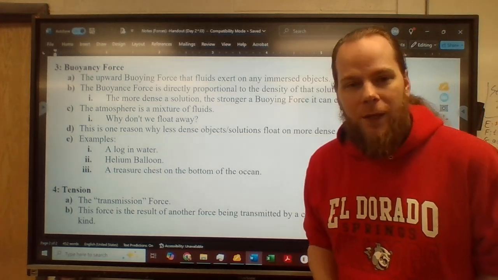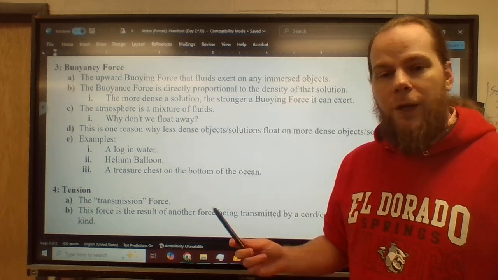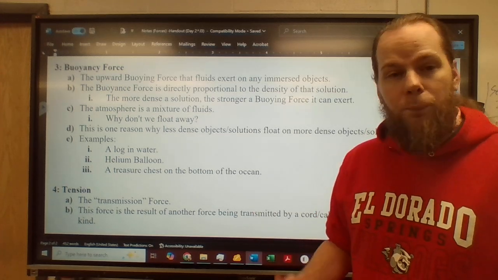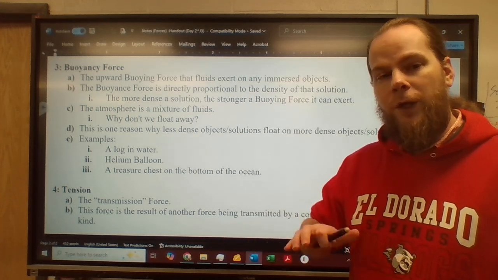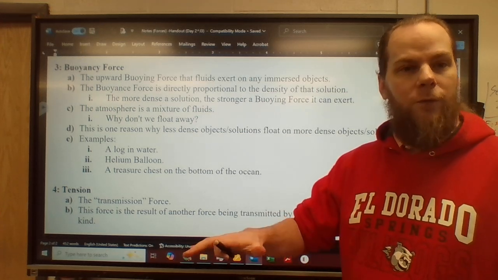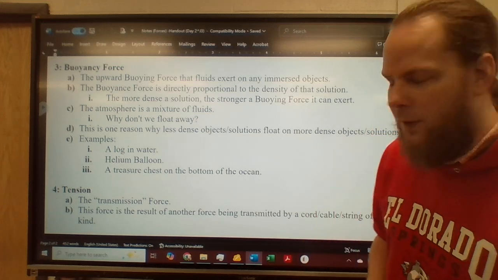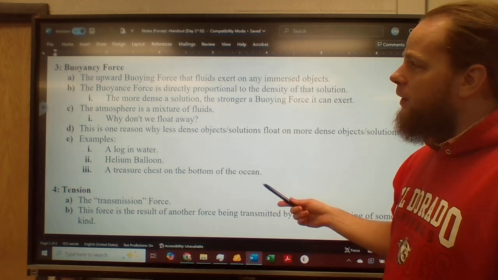Well, it's so heavy that the water's buoyancy force isn't enough to make it move. If you took that same treasure chest and immersed it in mercury, it probably wouldn't sink all the way. It would sink down part way and eventually find a point where it could partially float. In my day, we called that flinking, floating and sinking at the same time. Okay, that's pretty much it for buoyancy.